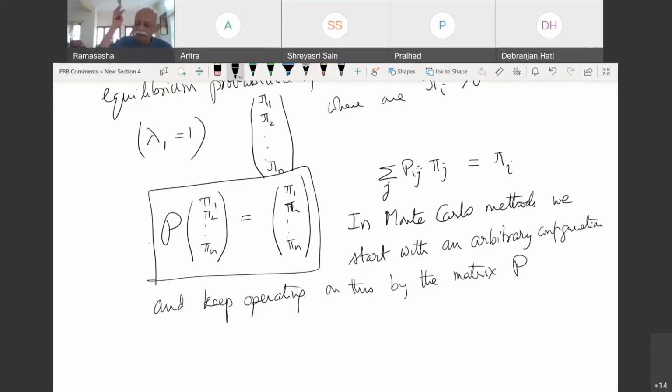So you visit each one of these configurations and try to move them, one by one. You keep on doing it, and then it is a power method. Keep operating on this by the matrix P.